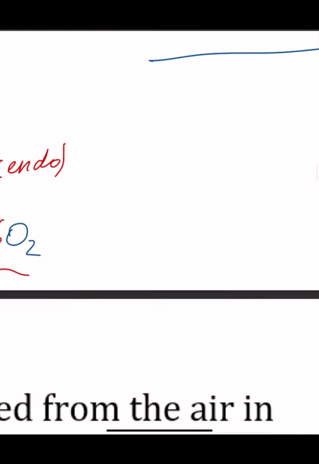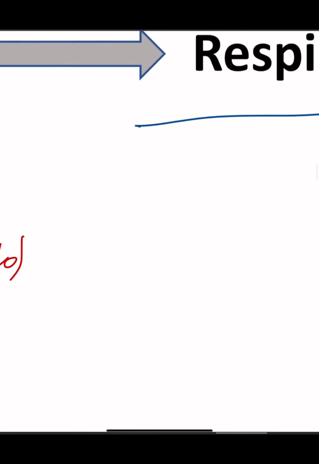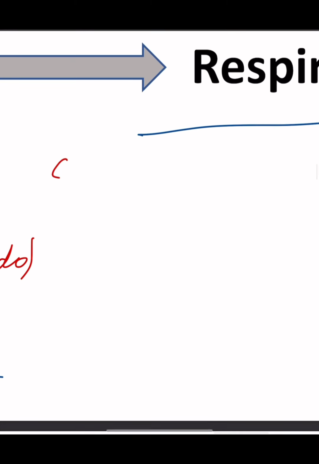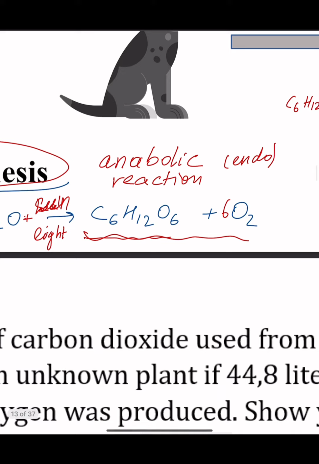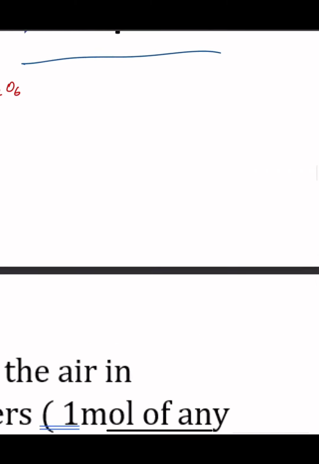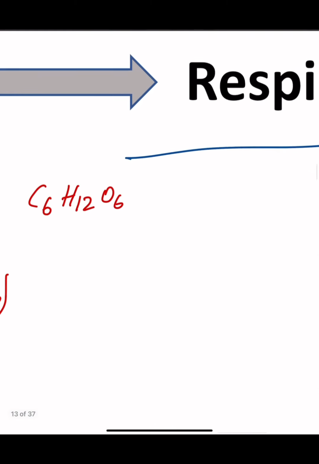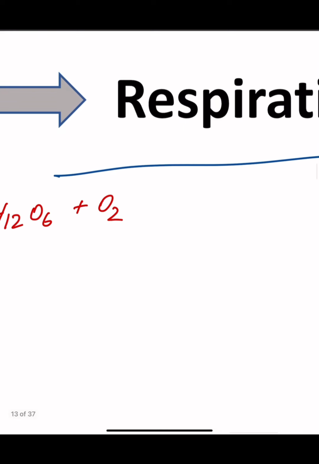While respiration, on the other hand, is what we do. We break down glucose. So you see the reaction. This is exactly this reaction backwards. C6H12O6 with oxygen, and it breaks down into CO2 and water, and you balance it 6, 6, 6 in here.